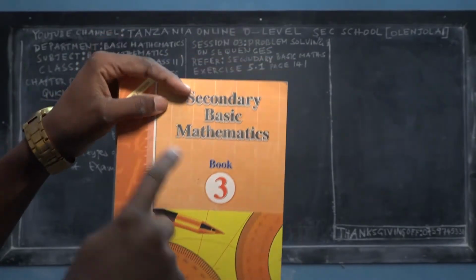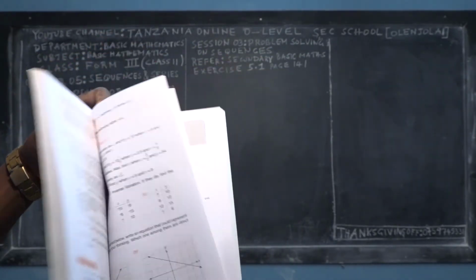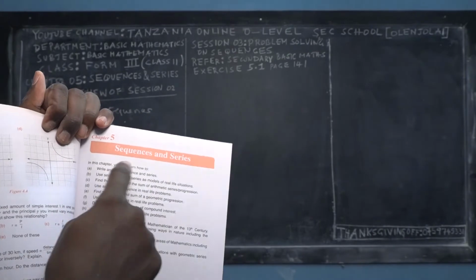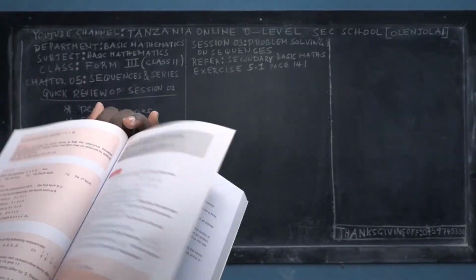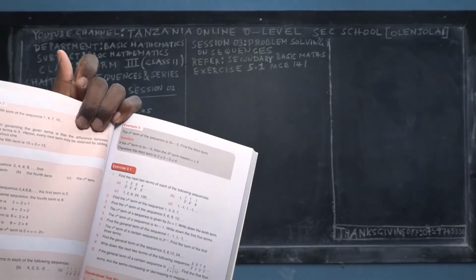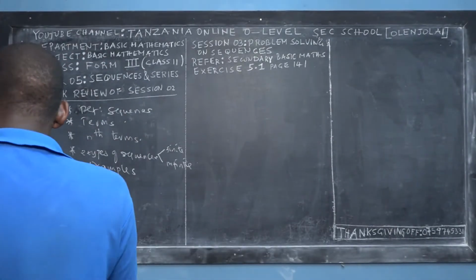This book is called Secondary Basic Mathematics Book 3, the reference book. In it, you'll find chapter 5, called Sequences and Series, and the exercise that we are going to solve today is exercise 5, which has 10 questions. That's what will be the contents of this session, of this lecture. So join me, please.